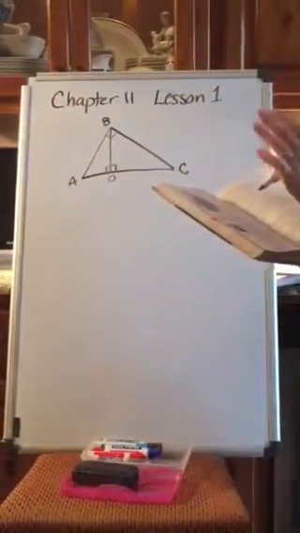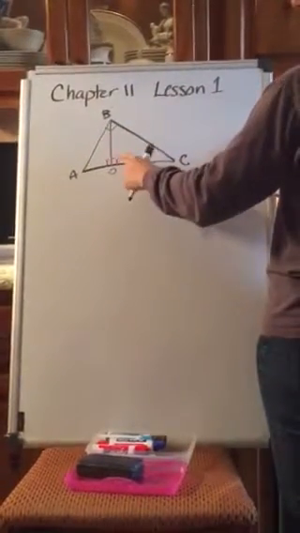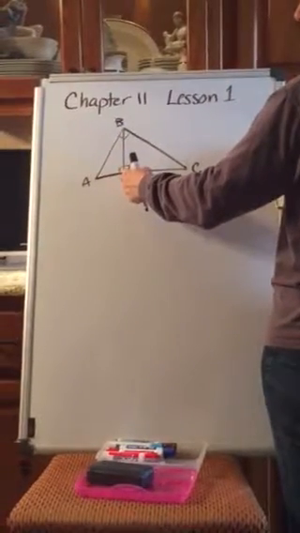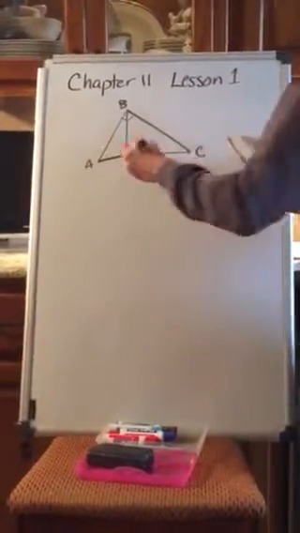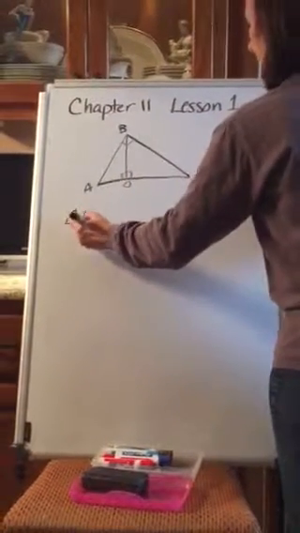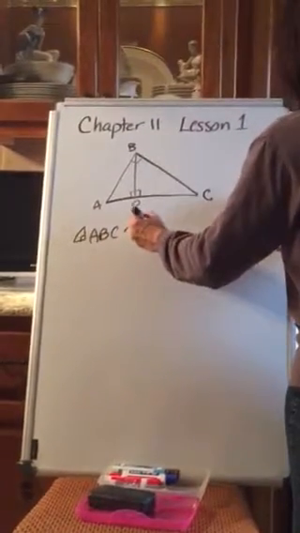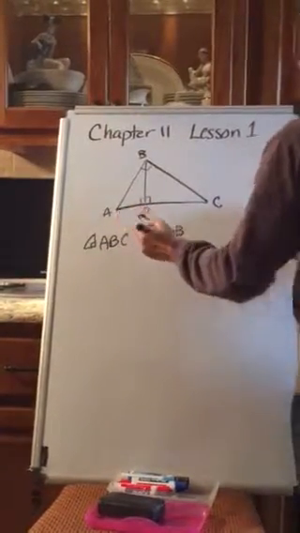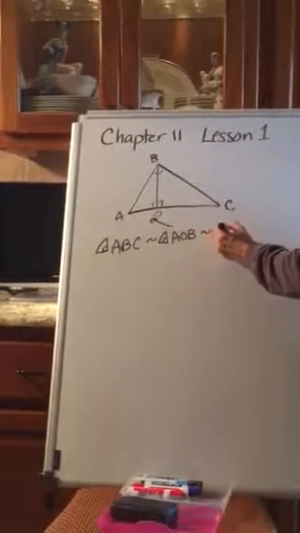So on the top of page 429, if I have right triangle ABC, and if I draw an altitude from the right angle perpendicular to the hypotenuse, I now have three similar triangles. So I can say that triangle ABC is similar to triangle AOB, the small one on the left, which is also similar to triangle BOC.